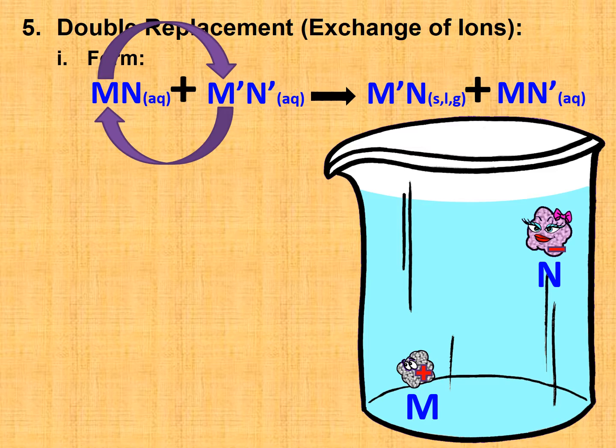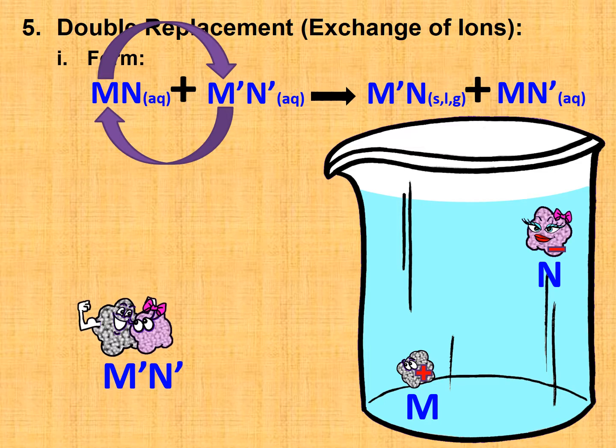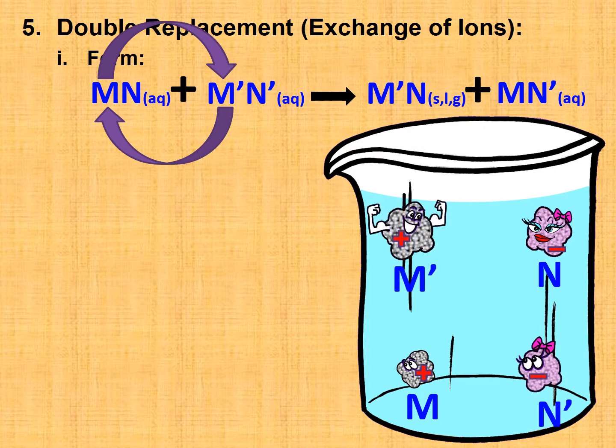The same applies to our other reactant, this other compound, M'N'. When added to water, it completely dissociates to form ions, one positive and one negative. So these two soluble reactant compounds dissolve in water to give us a bunch of ions floating around in a water solution.